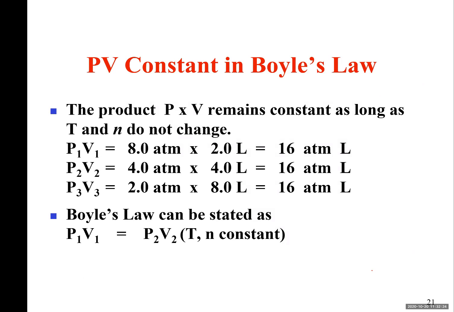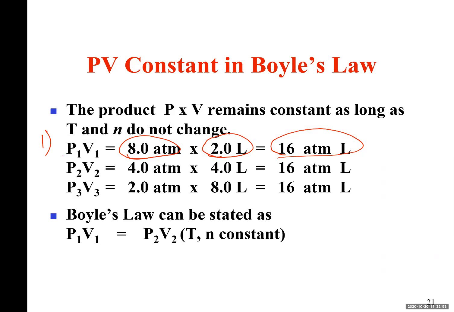Let's continue doing 3 experiments. Experiment number 1, we have a container which has a volume of 2 liters, pressure of 8 atmospheres, and we multiply this, we get 16 atmosphere liters.